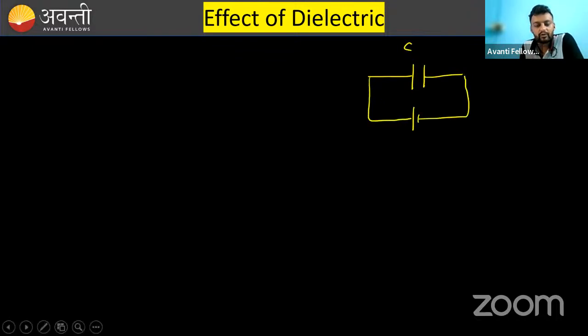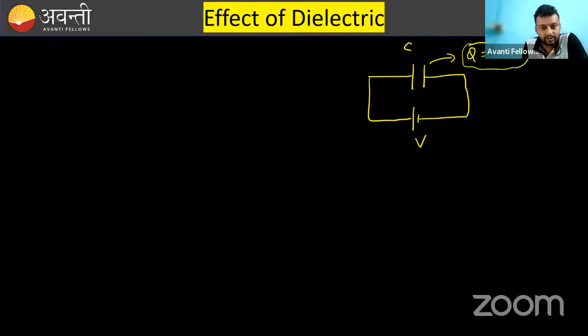Let's suppose this is a capacitor C. It is charged by some battery V. Then how much charge will this capacitor have? This capacitor will have a charge Q equals C into V. This is the amount of charge that this capacitor will have after some time.